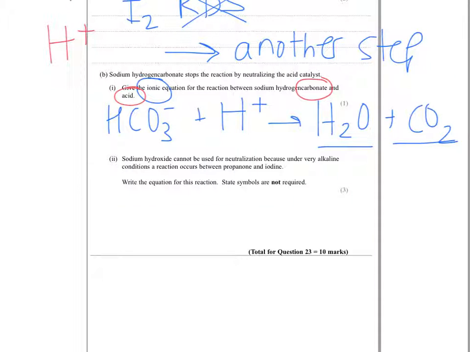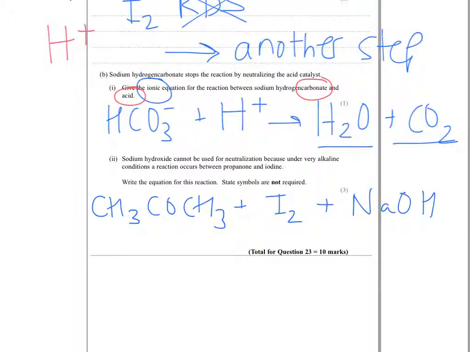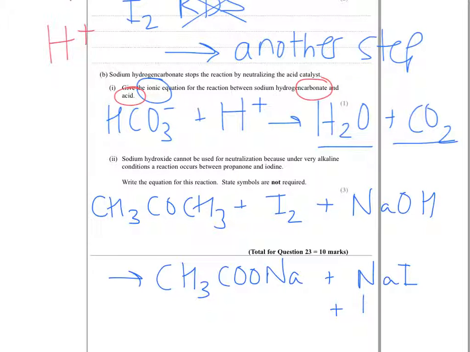This final question is actually the triiodomethane reaction from the organic part of Unit 4. Your propanone, CH3COCH3, will react with iodine under alkali conditions, NaOH, to produce the salt CH3COONa, and you will also have sodium iodide, and you will have some water produced as well.